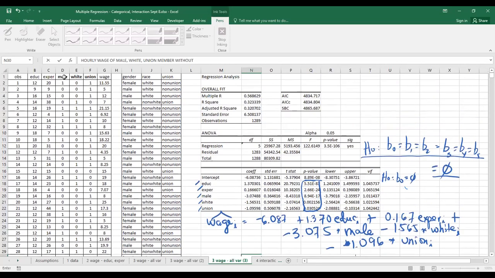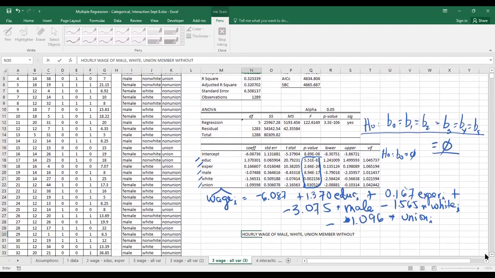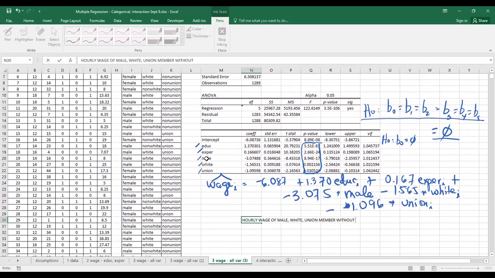Dapat ang ginawa natin pala ditong, sorry guys, nagkamali ako dito. Mas nakakalito yung ganito eh. Dapat ginawa ko tong female, non-white at saka non-union. Mas madali yun guys kasi ang kukunin tuloy natin ngayon yung opposite niya, no? I'll show you in a while. I should have used male white union member without education and experience.